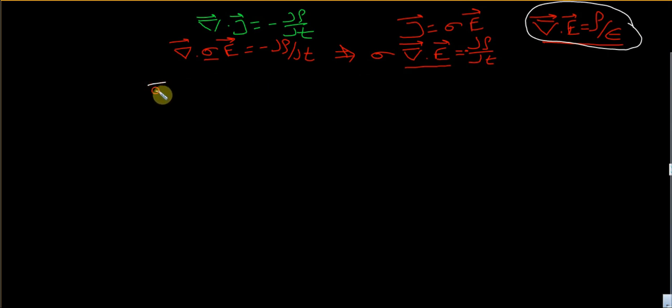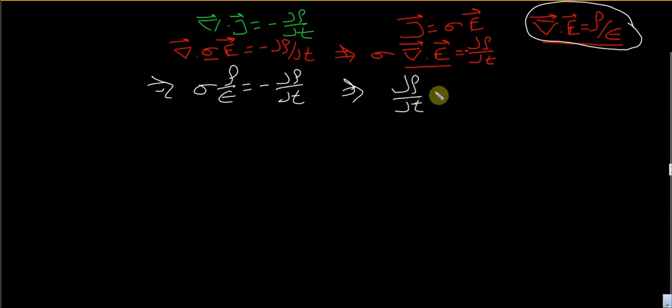After putting the value, it implies that sigma rho by epsilon is equal to minus ∂rho by ∂t. So it can be written as ∂rho by ∂t plus sigma by epsilon rho is equal to 0.